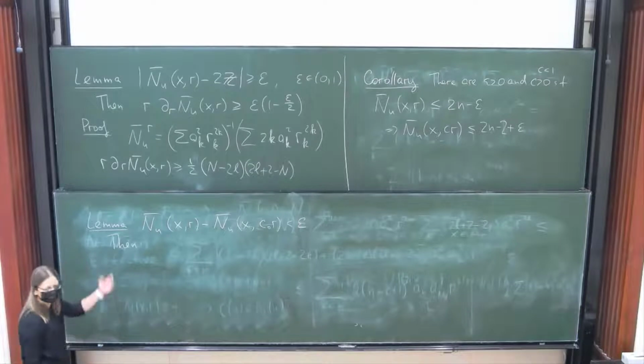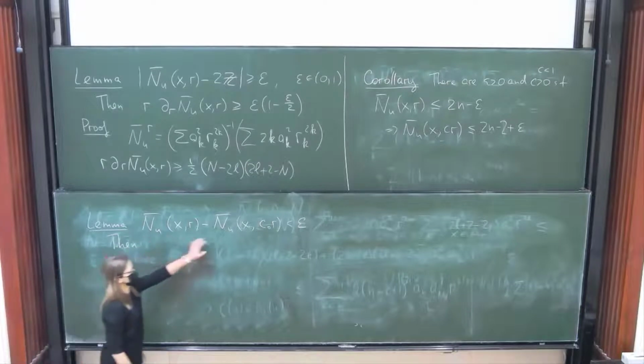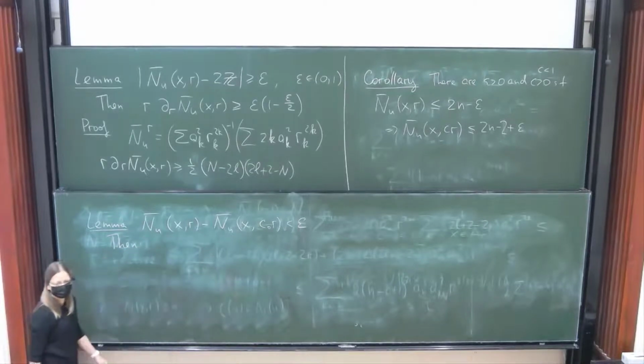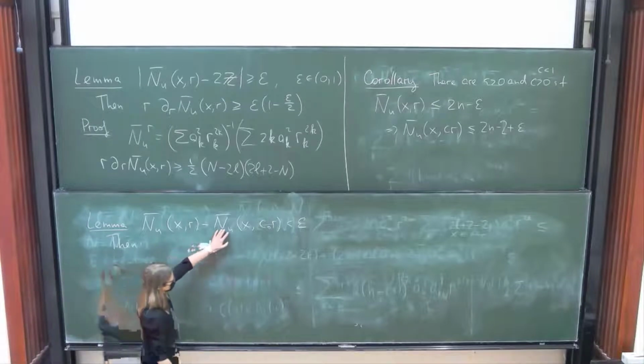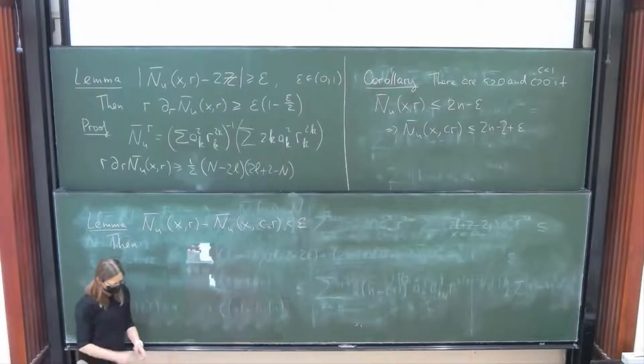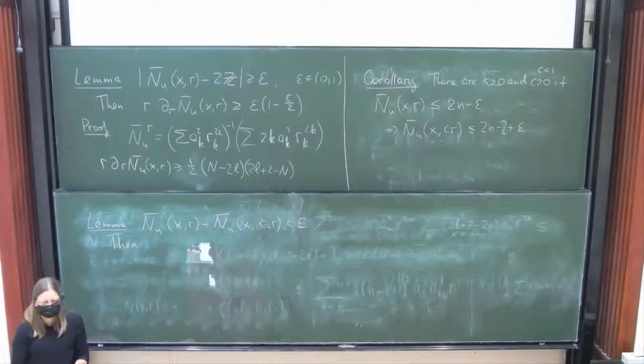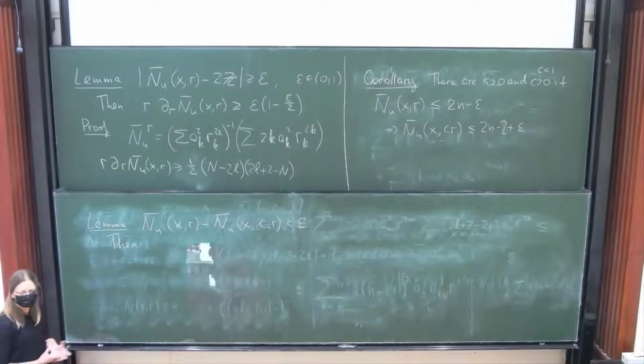Then, as we already know, this is close to twice an integer. And the new message is that if you take a polynomial of this degree, that is the term in the expansion in homogeneous harmonic polynomials of the function, it will be a dominating term.